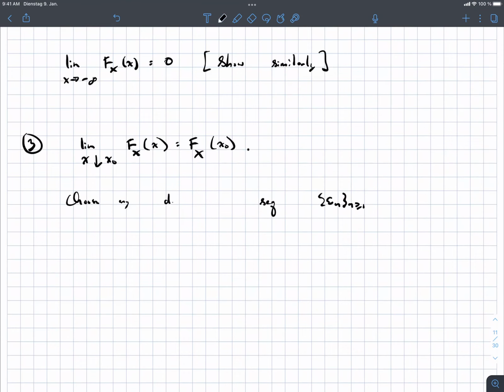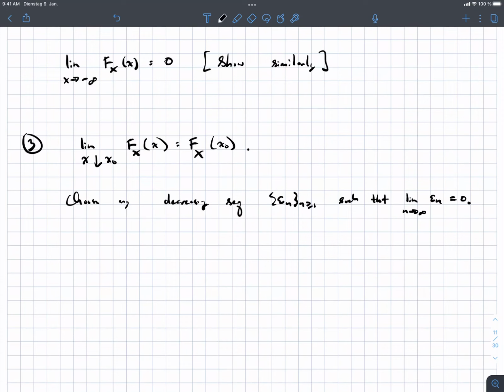Any decreasing sequence, so each one is less than the last, such that the limit as n goes to infinity of epsilon n equals 0.